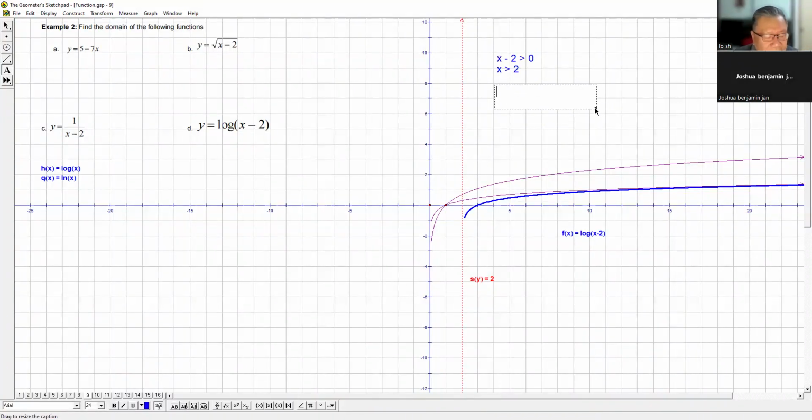Okay? So we say that the domain is, better put the square bracket. The domain is, it starts from 2 to infinity.